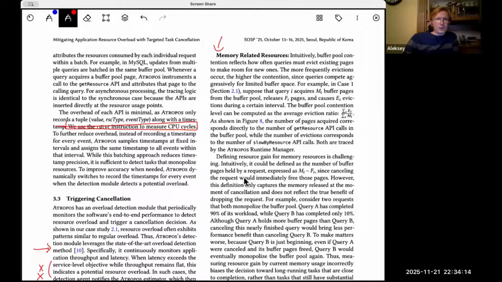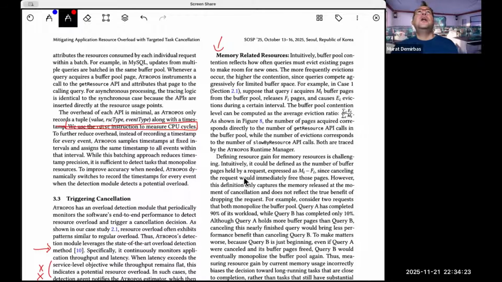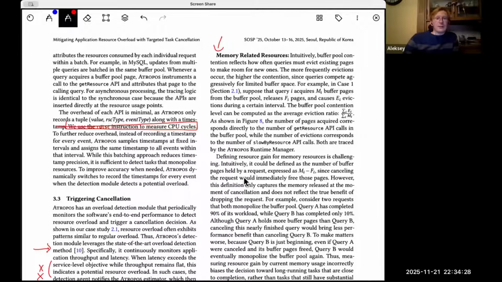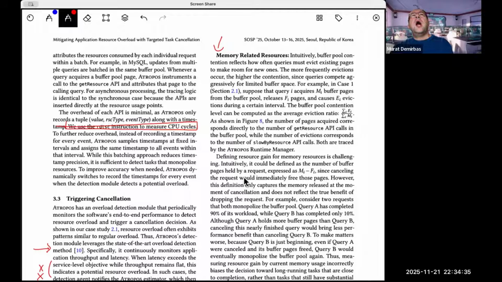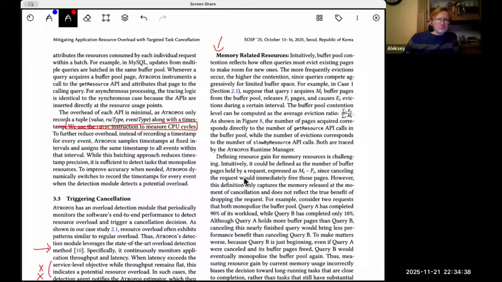So Mi is acquisitions, right? And what is Ei? It didn't talk about Ei. Evictions, right? So essentially how many evictions over the total things you need, right?